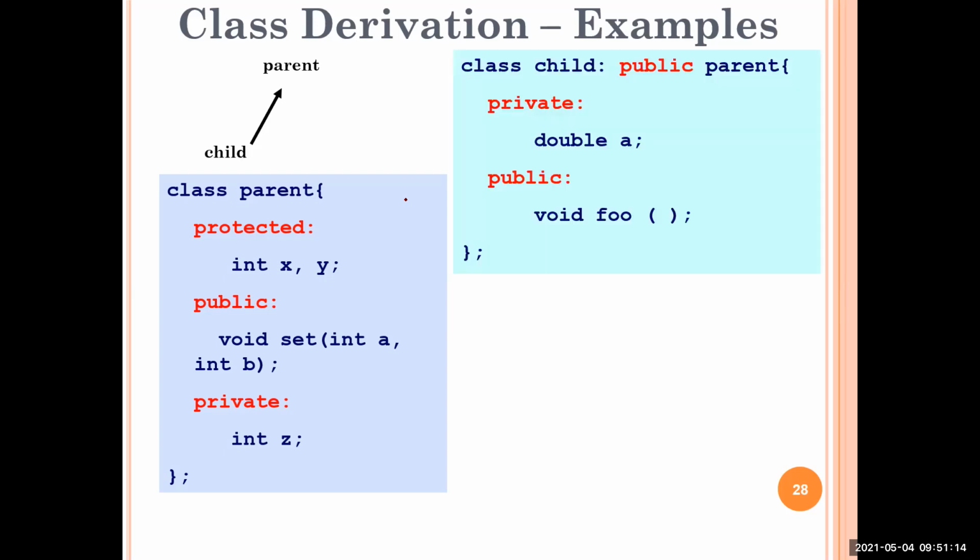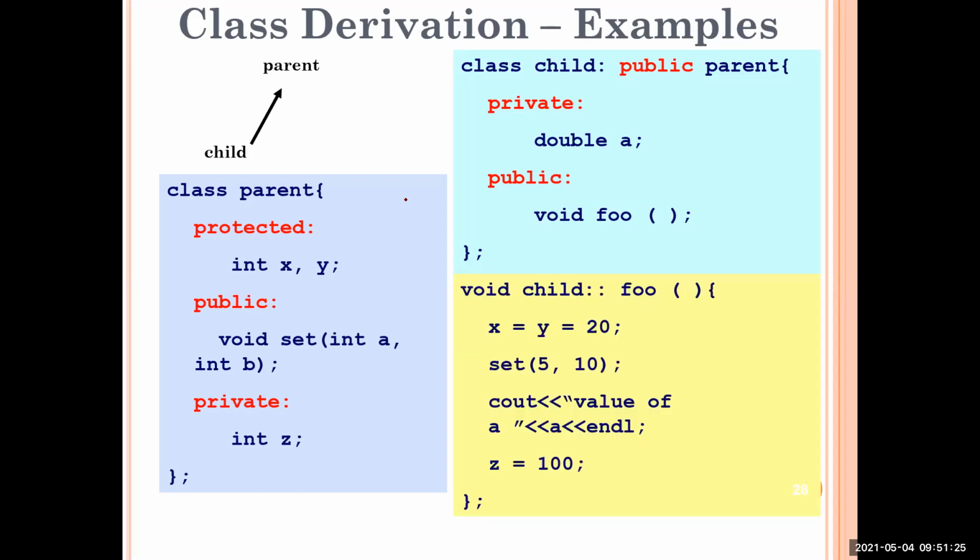The child class has a data member A, which is private, and a function which is public. Let's write the body of the function. Now look at this body of the function and tell me which of these are legal statements and which will cause an error. Just look at it, and then we discuss.